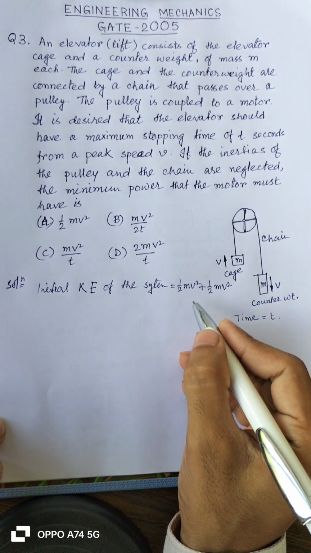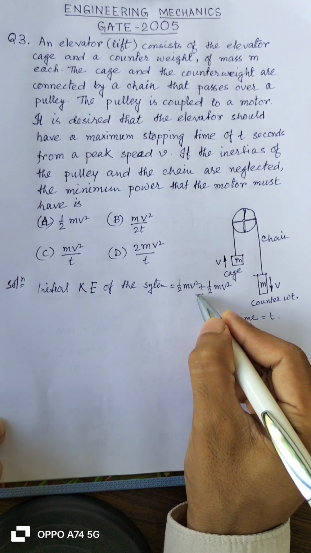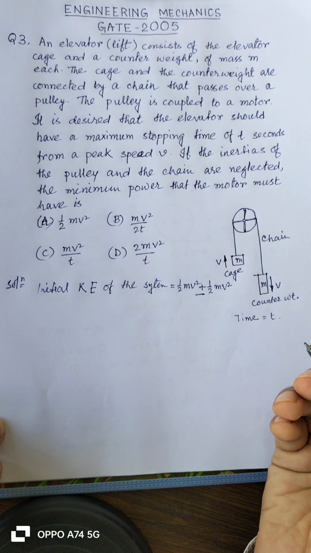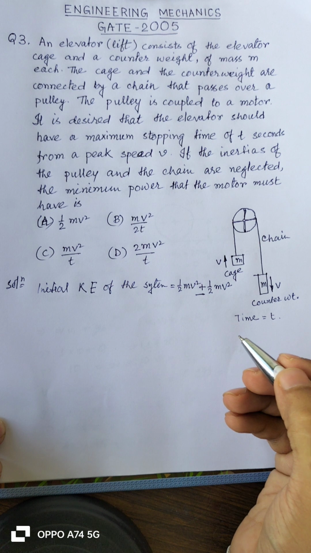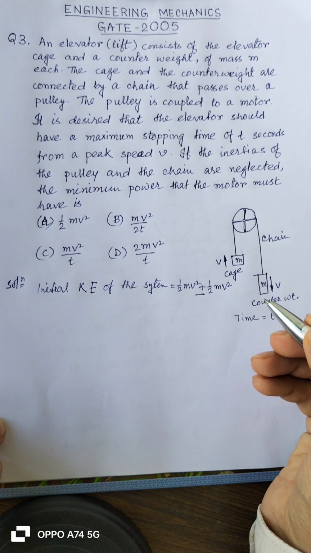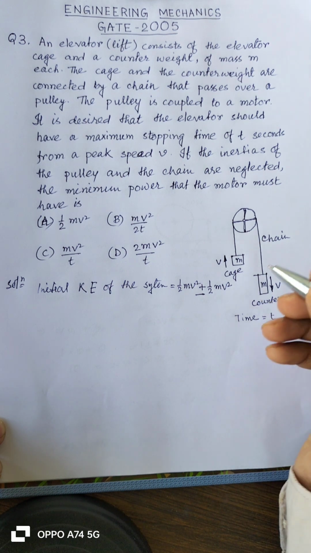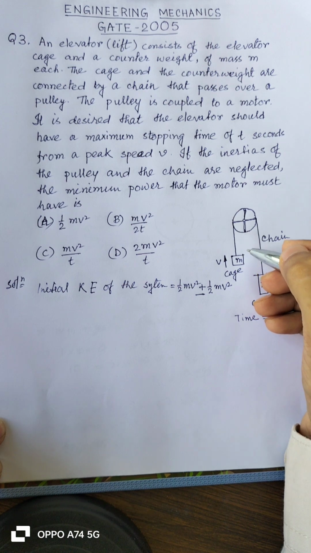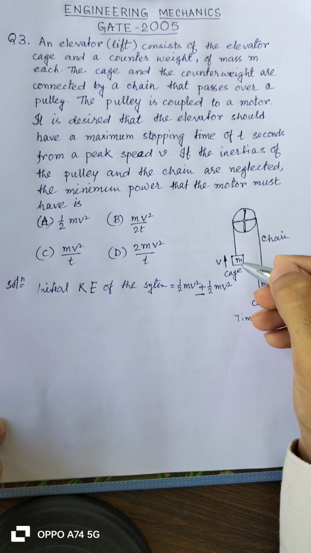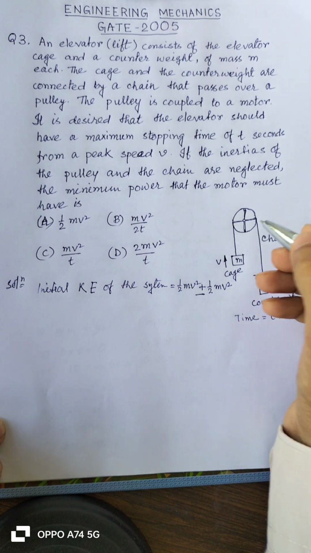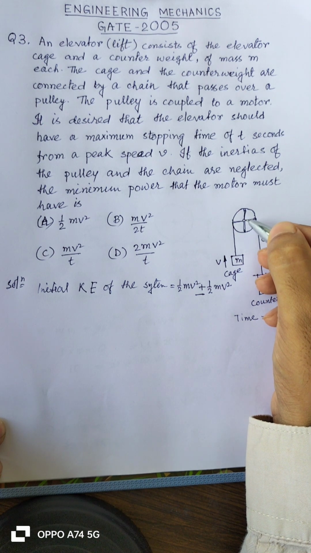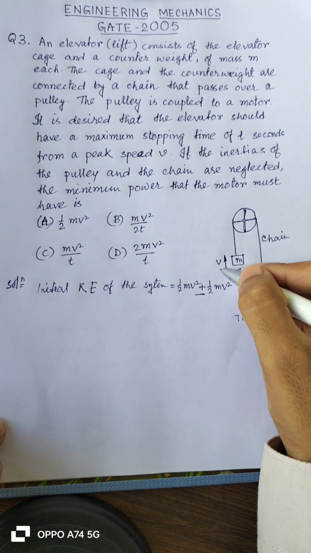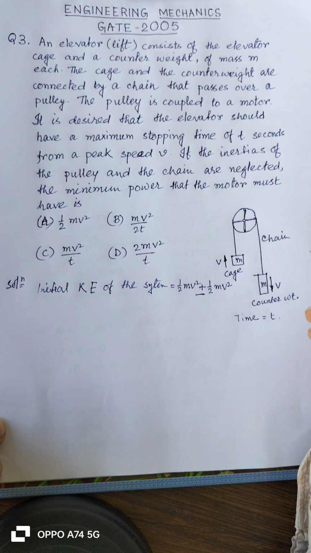You may get confused at this point whether this will be plus or minus. We can easily avoid this confusion just by thinking in a realistic way. Here we are going to calculate the power of the motor, that is, the braking power required to stop this system.